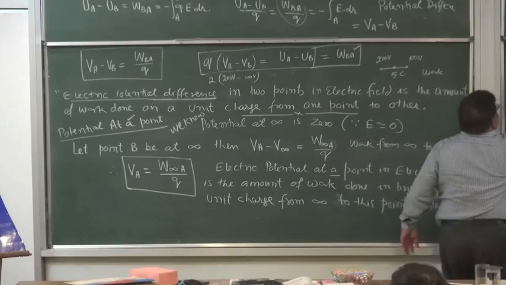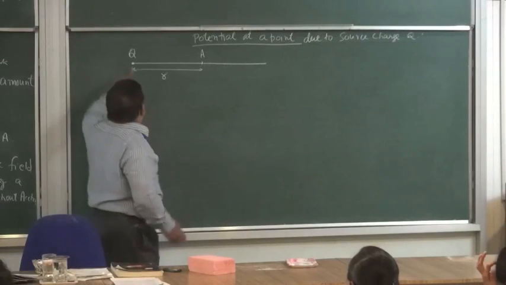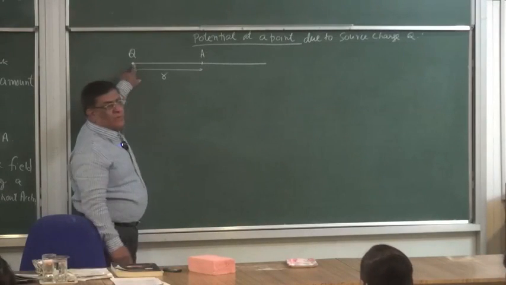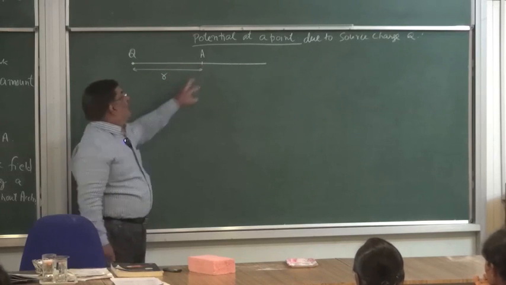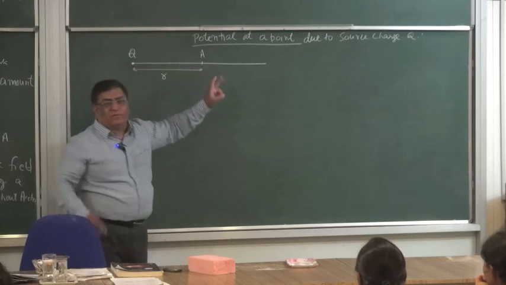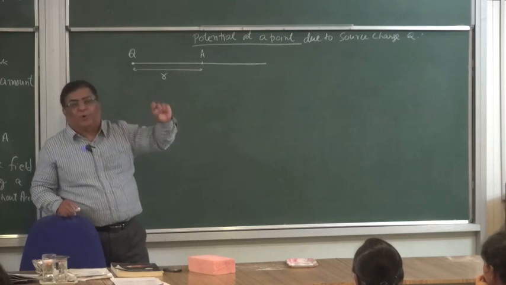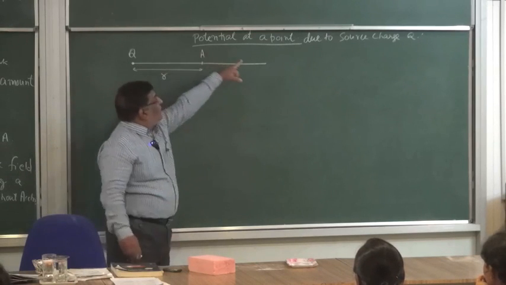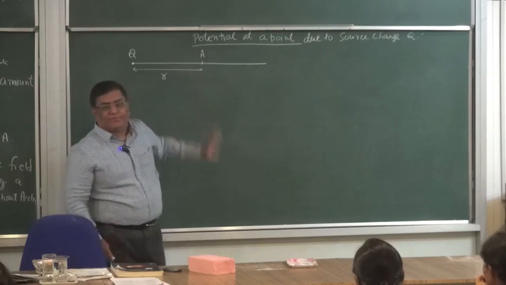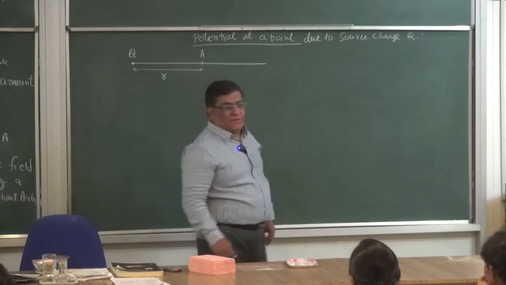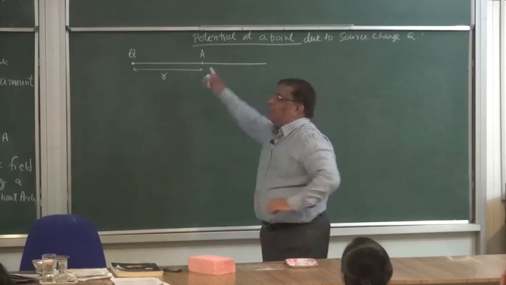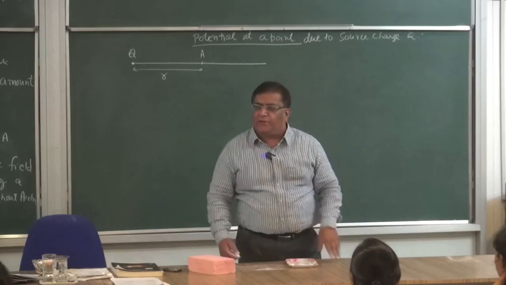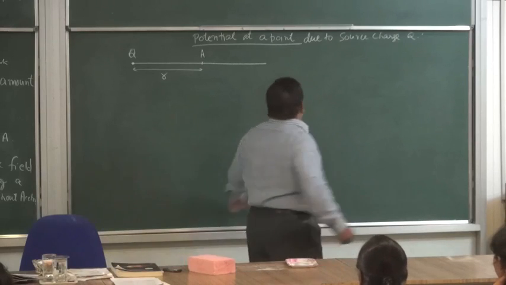Like we have a point charge Q placed here, there is another point A at a distance R. We want to find out what is the potential at point A. So potential at a point due to source charge Q. What is our definition? We will bring a unit charge from infinity to point A, whatever work is done, that is the potential of point A. Okay, let's do it.